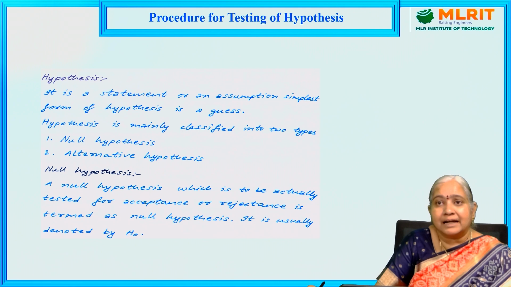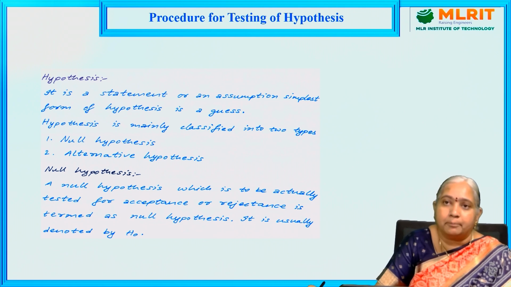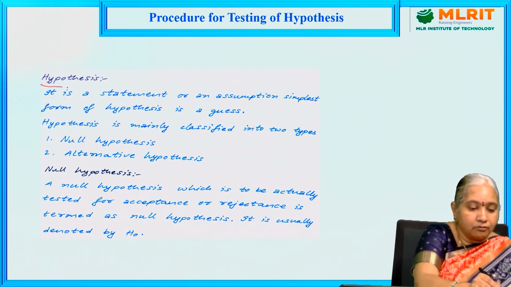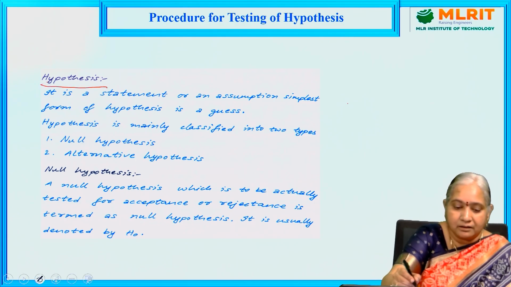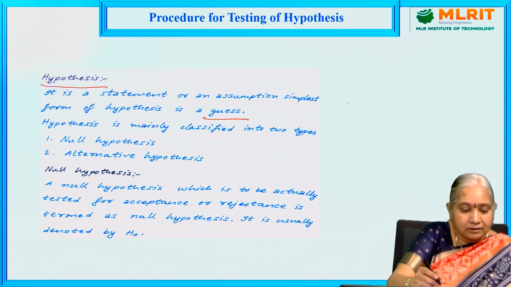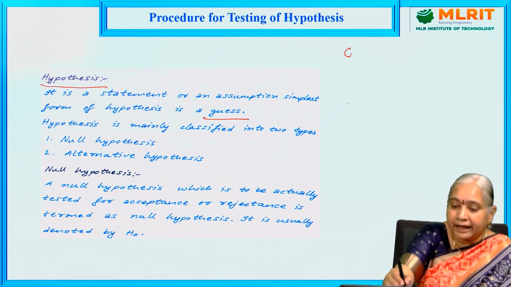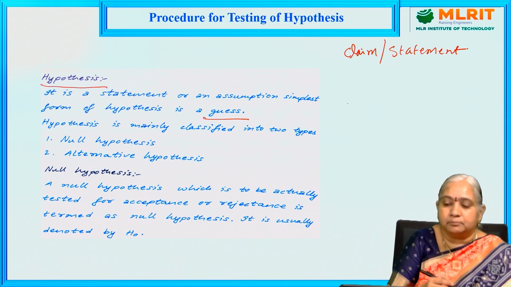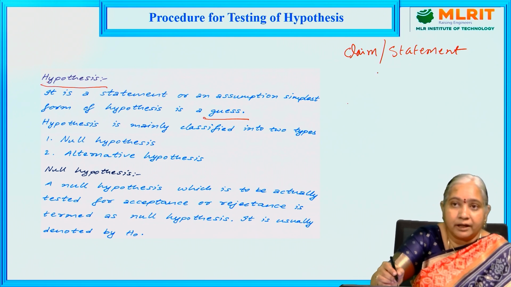Population statistical measures are called parameters and sample statistical measures are called statistics. So always the hypothesis is a guess, claim or statement about the population parameter. This is very, very important.